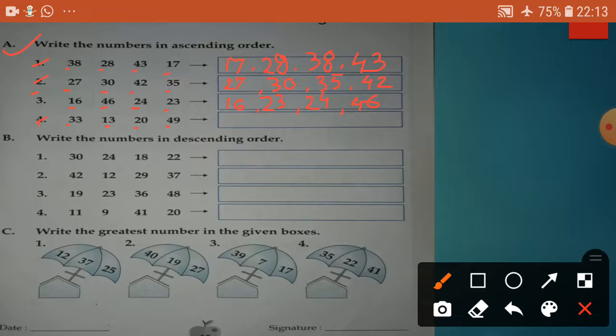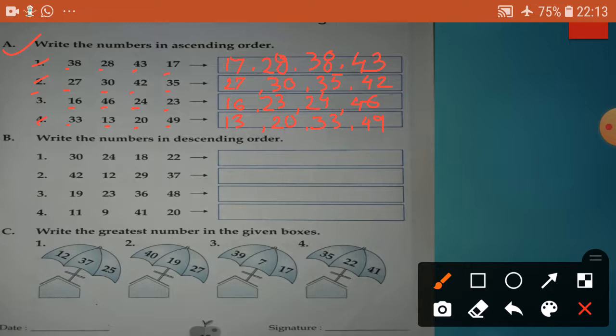Next 2 tens, 3 tens, 4 tens. Okay. So first I write here 13. Next 20, then 33, last one 49. Okay.